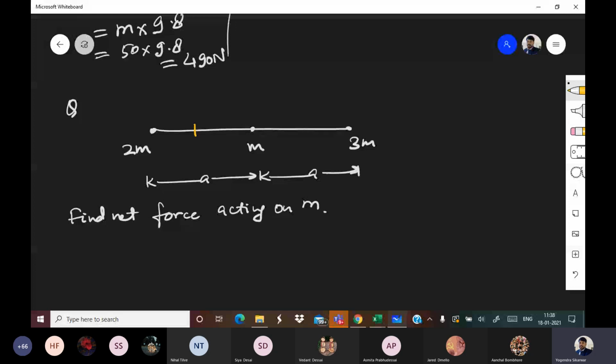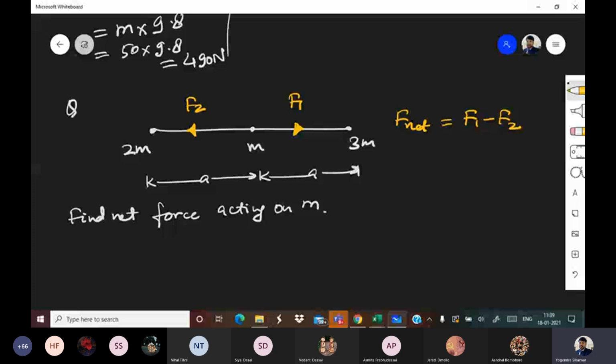Okay, pay attention. See, gravitational force is attractive force. So force due to two masses will be in opposite direction. This is F1 and this is F2. So F net is equal to F1 minus F2, because of their opposite directions, mind it.